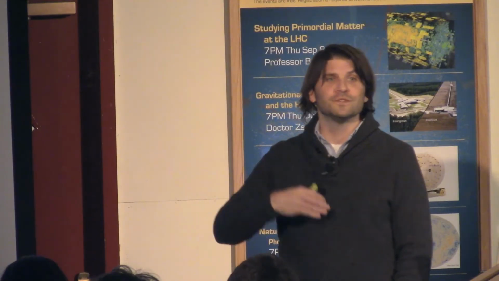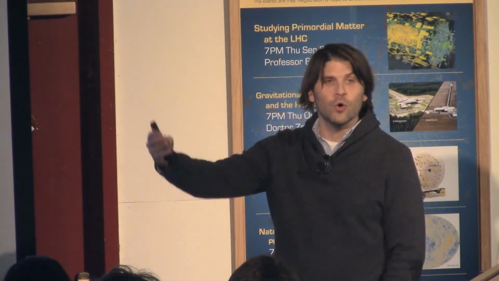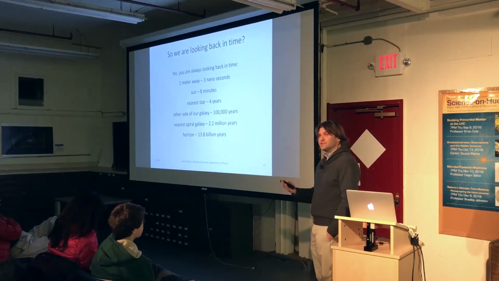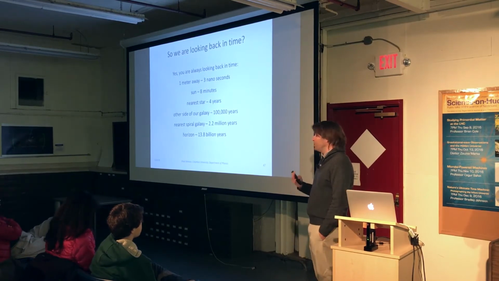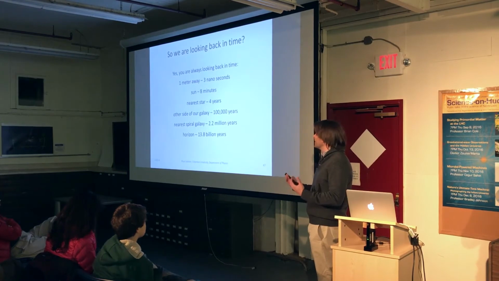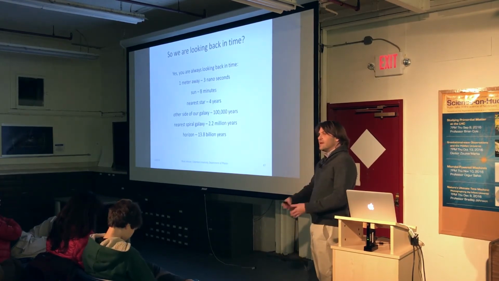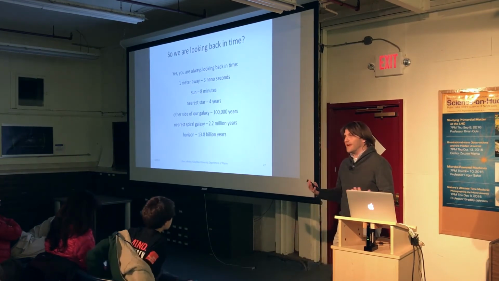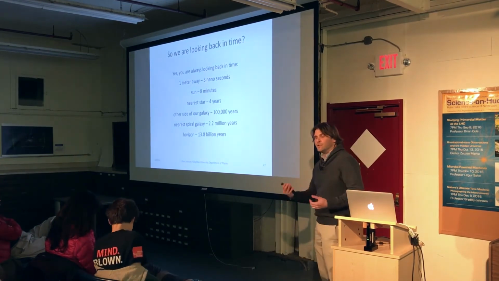So we're seeing the universe 13.8 billion years ago if we look at the cosmic microwave background. And that's what I study. So the advantage to that is you're seeing essentially a picture of the infant universe, and you can study that. You can see what the universe looked like when it began, and then you're able to also look at the universe around you, and you can start to understand how the universe evolved.